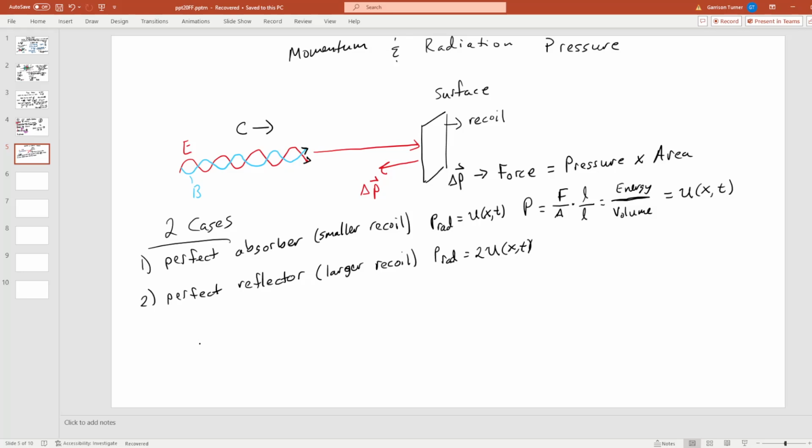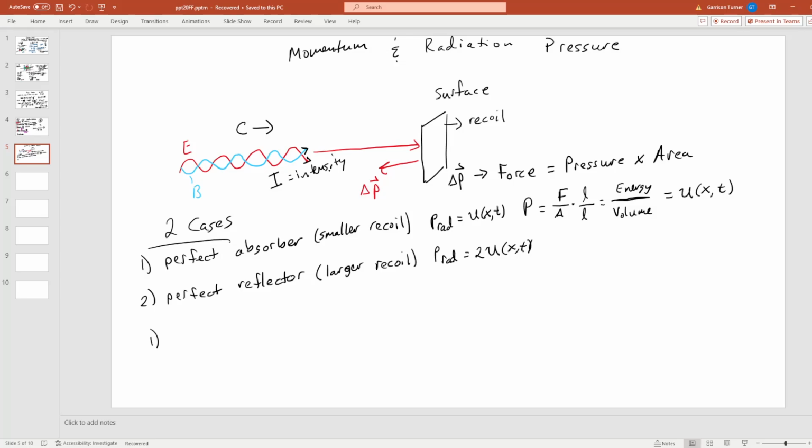If we take the time average of these, then we can actually relate this to the intensity of the beam, or the power per unit area.